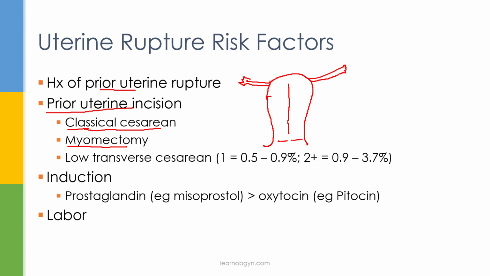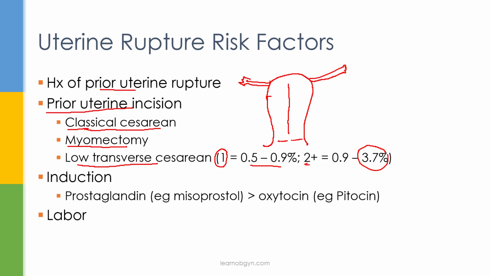Even though low transverse cesarean sections are safer, there's still increased risk of uterine rupture compared to someone who's never had any cesarean section. If someone's only had one C-section, the risk of uterine rupture is less than 1%. If someone's had two or more, the risk of rupture can be as high as almost 4%.